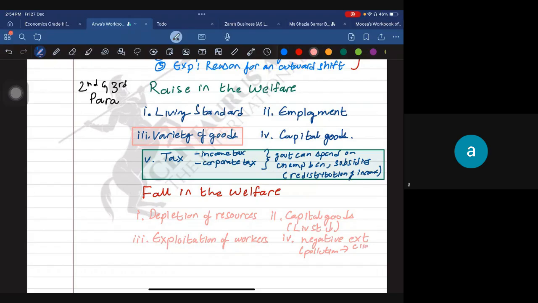What else? I'm trying to think of something connected to the price of the goods, but if they increase production, there'll be higher supply, so I don't think they will increase the prices. No, what about the type of goods produced?